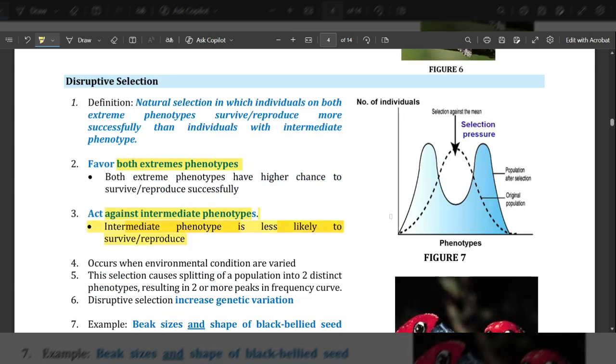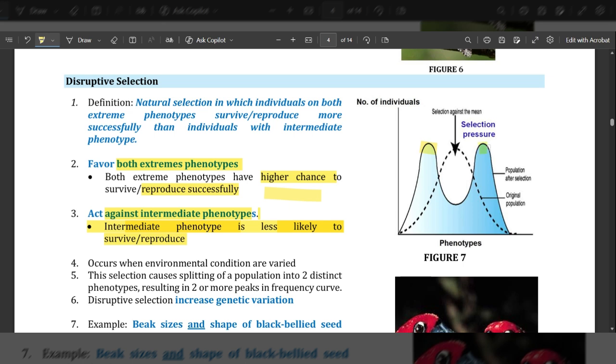The favorable phenotypes are the ones with higher chances to survive and reproduce successfully, meaning the chances to pass down the phenotype to the next generation increase, causing the frequency to increase. So this is what you have to mention in your writing.